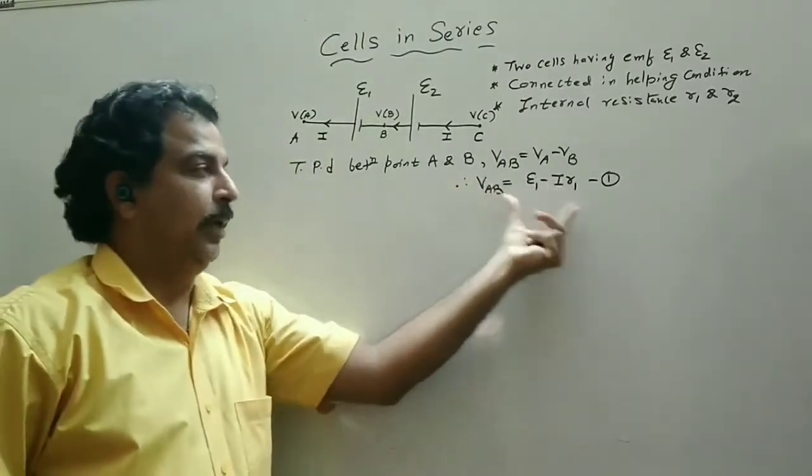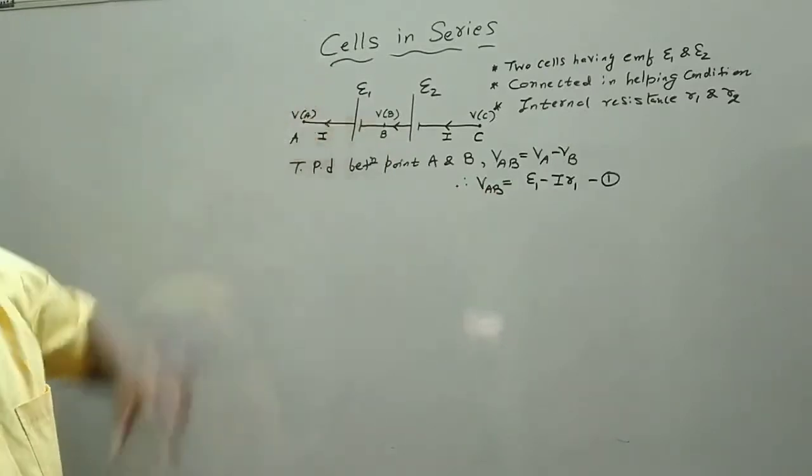So this is the terminal potential difference of cell 1. Let this be equation number 1.